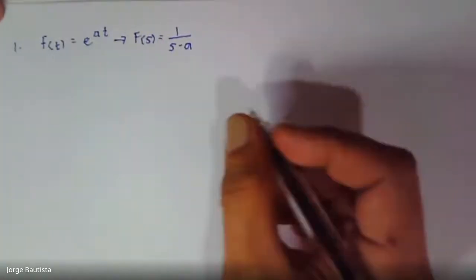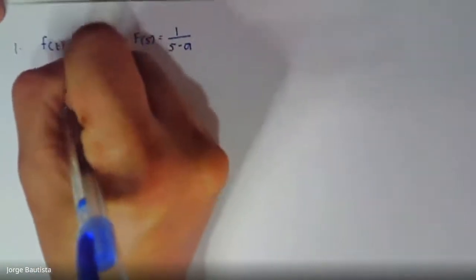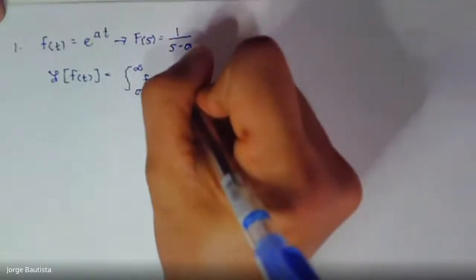Okay, so let's start, no? Now, by the way, the Laplace of f of t, okay, can be defined as the integral from 0 to infinity, okay, then f of t multiplied by the factor e raised to negative st, okay, dt.